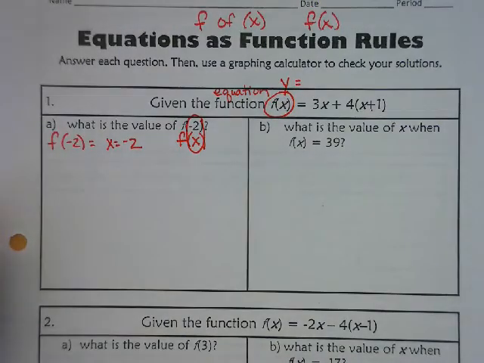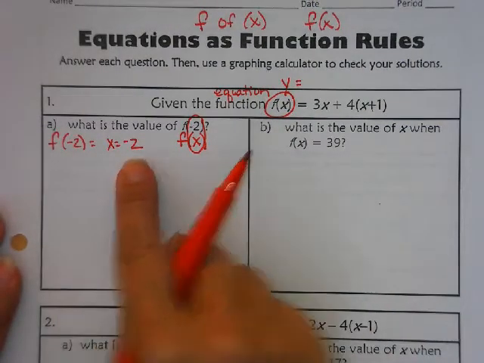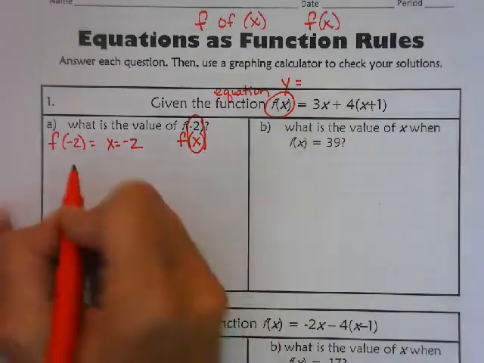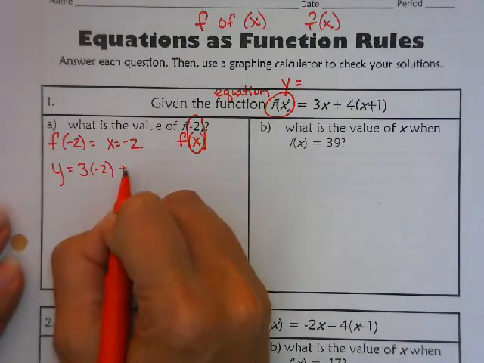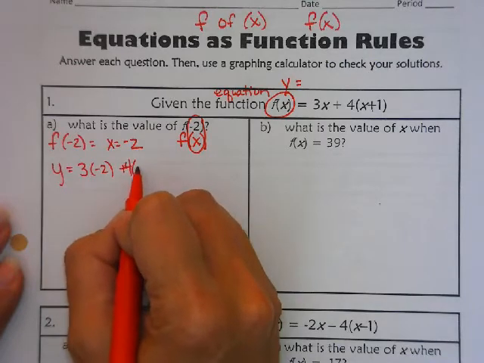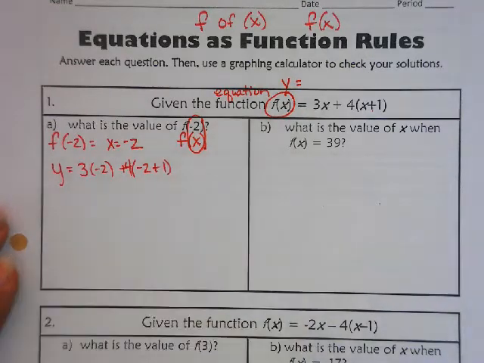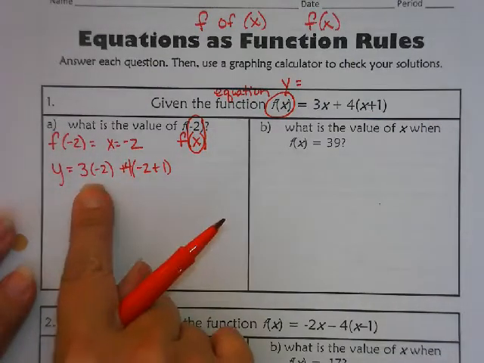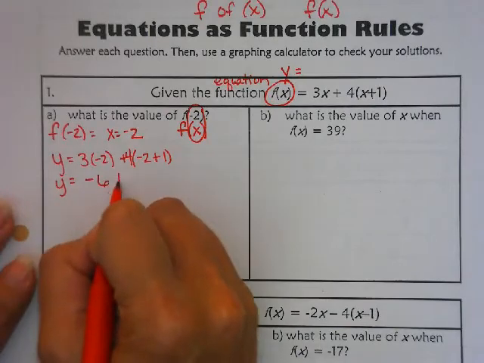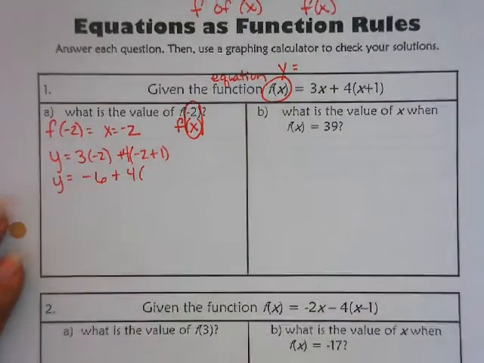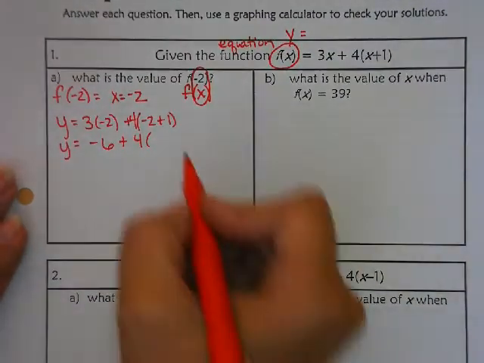You see that? So we're going to put negative 2 in place of x. 3 times negative 2 plus 4 parentheses negative 2 plus 1. And we're going to solve it for y. So what is 3 times negative 2? Negative 6 plus 4 times, what's negative 2 plus 1?